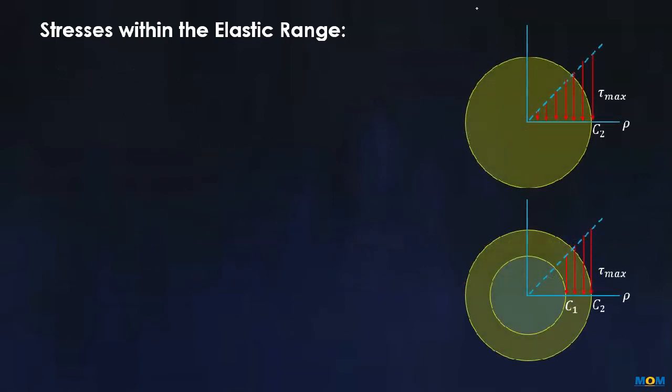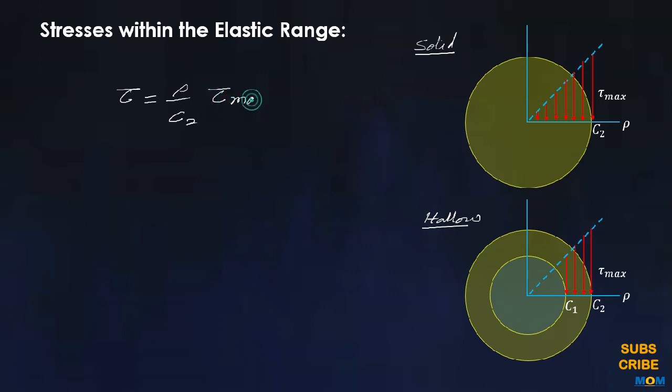Now considering a solid shaft and a hollow shaft, an expression is tau is equal to rho upon C2 tau maximum for the case of a solid shaft, and tau minimum is equal to C1 upon C2 tau max.